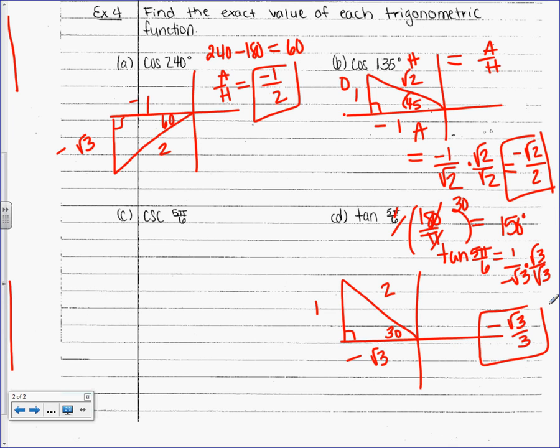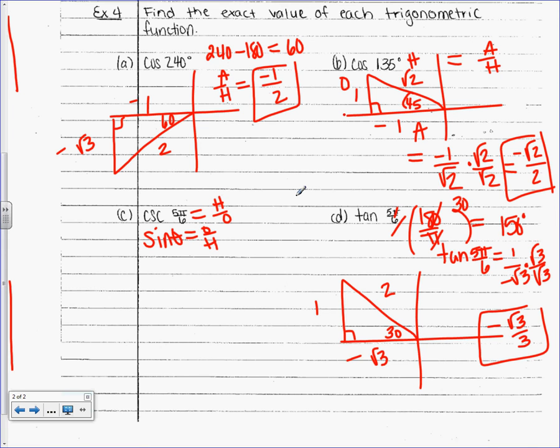Okay. Lucky us. Option C is 5 pi over 6 again. Isn't that the exact same thing? I have to do it again, right? Cosecant, though, is the inverse of what? Sine. Sine is opposite over hypotenuse, so cosecant is hypotenuse over opposite.